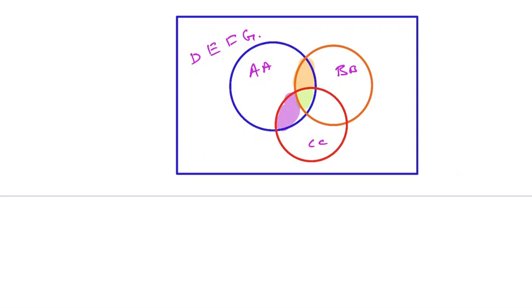Here B's and C's are there, but not two A's. And what about the yellow part? Two A's are together, but not two B's, not two C's.